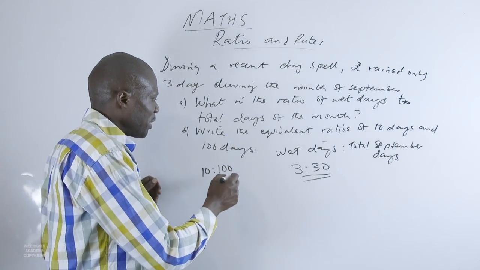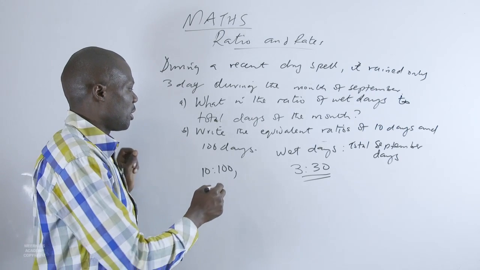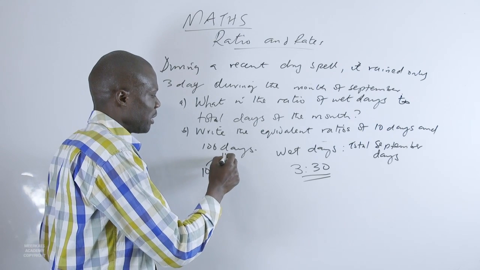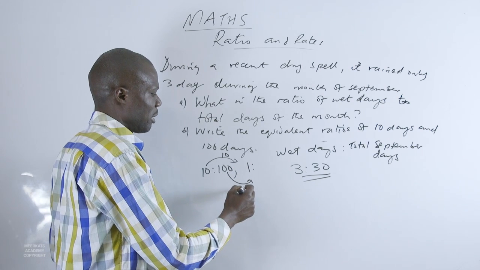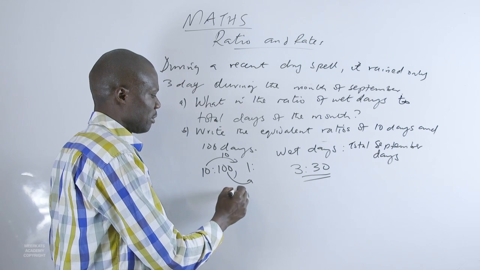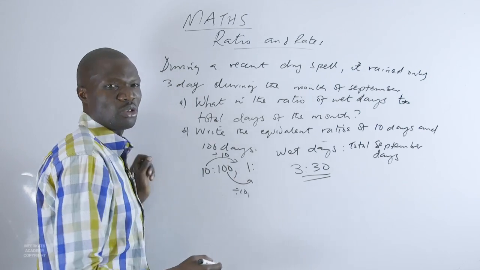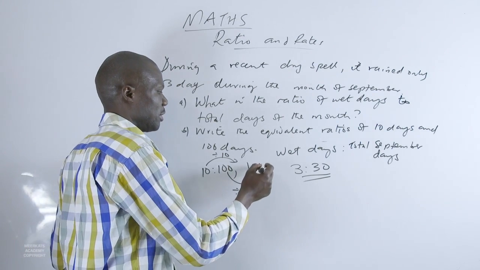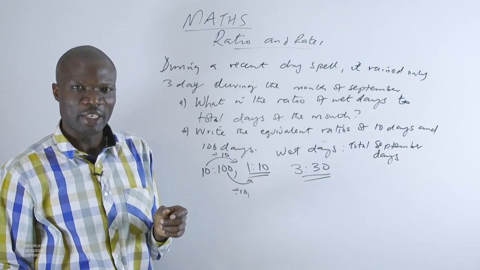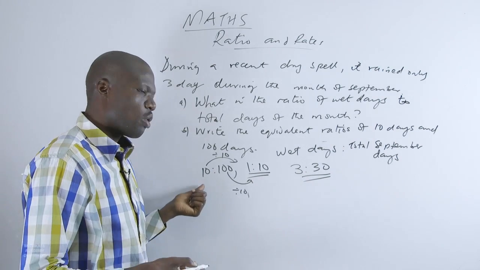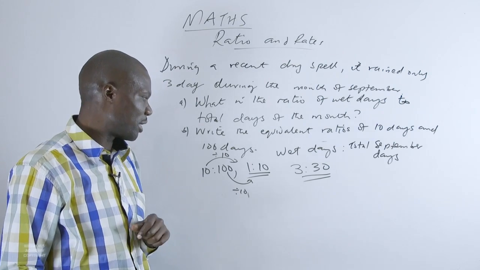One of the equivalent ratios: divide 10 by 10, you get 1. Divide 100 by 10, you'll get 10. So 1 to 10 is an equivalent ratio of 10 to 100.